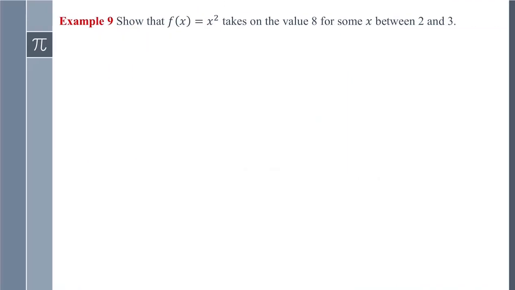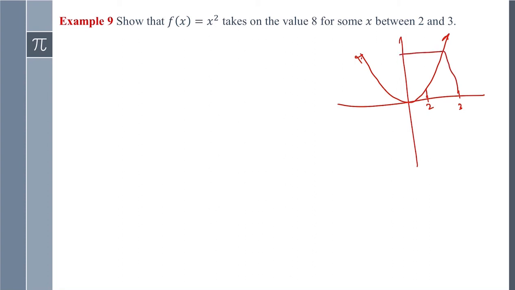So let's look at an example. Show that a function f of x equals x squared takes on the value 8 for some x between 2 and 3. So we know that x squared is a graph like this. Okay. So if we have a 2 here, if we have a 3 here, then this is f of 2 and this is f of 3.